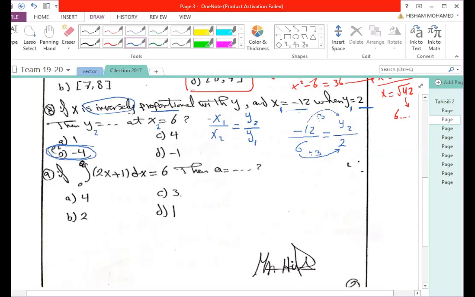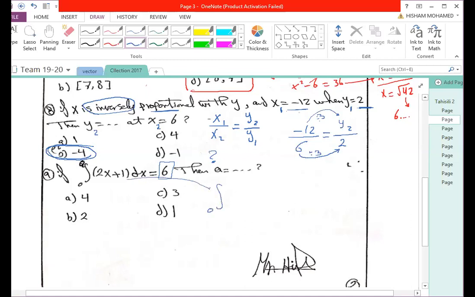Last one, another integral question. The integration from 0 to a of 2x plus 1 is equal to 6. Then what is the value of a? Let's integrate 2x plus 1.